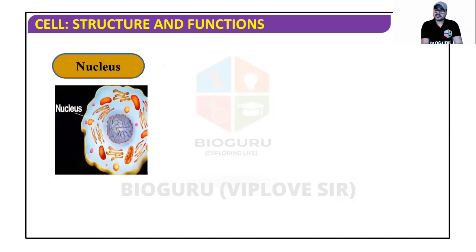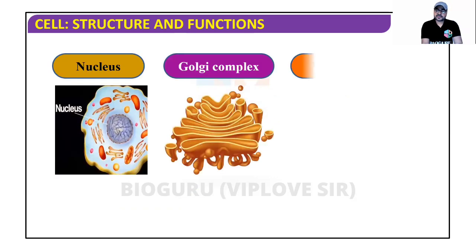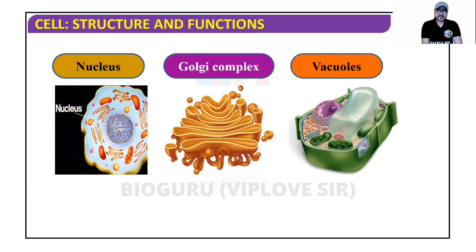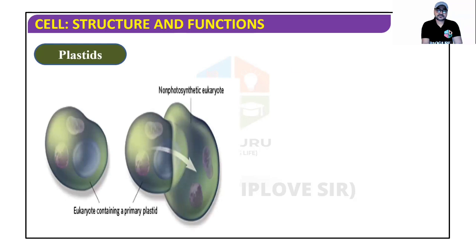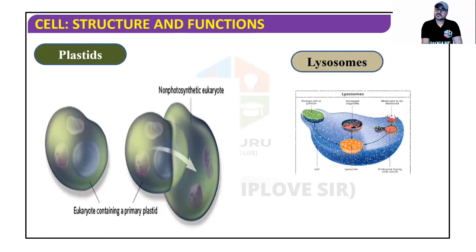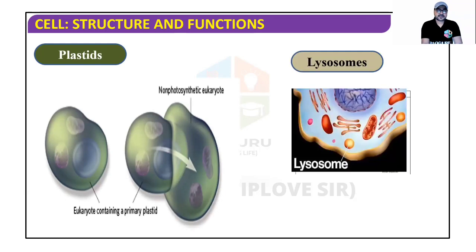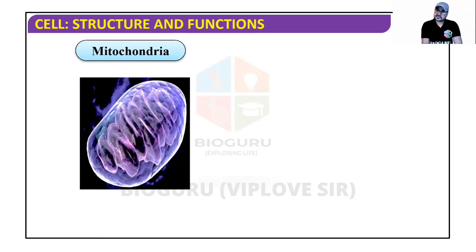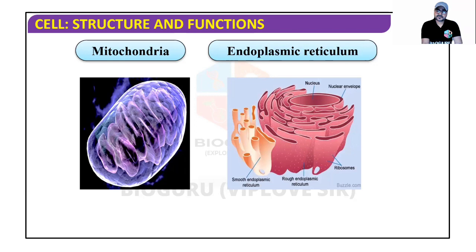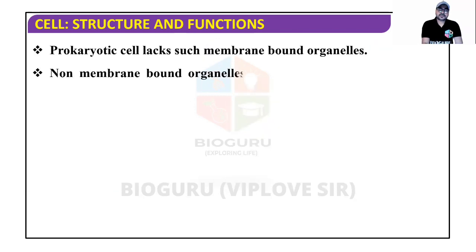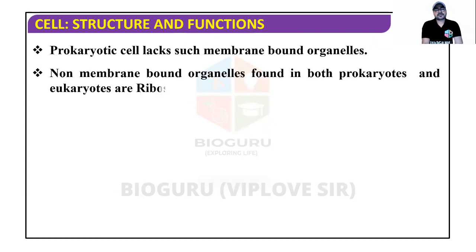Nucleus, Golgi complex, vacuoles, you can see the structures, how they look. Plastids, lysosomes, suicidal bags, mitochondria, powerhouse of cell, endoplasmic reticulum. Prokaryotic cells lack such membrane bound organelles.